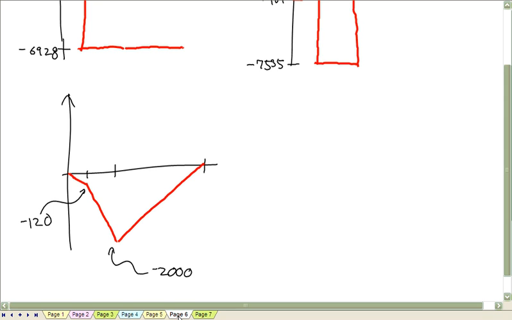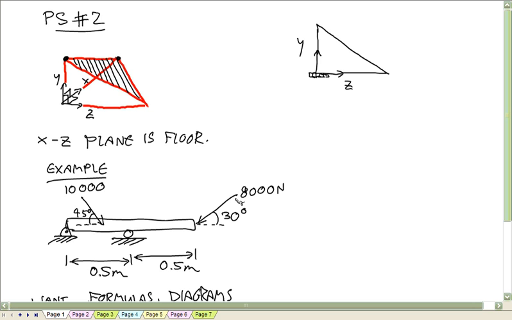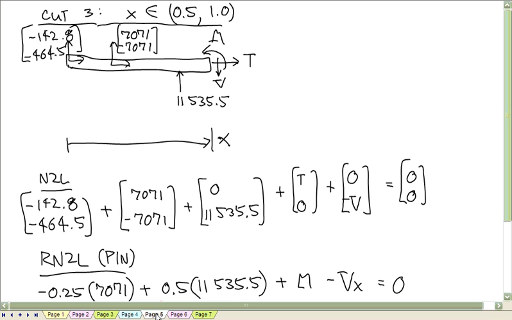And yet, doesn't that load at the right side affect what these diagrams will look like? How can that be? What if instead of this load of 8,000 newtons, I applied a 15,000 Newton load? That would affect what's going on internally, right? It has to. So how does it come about that we never see those in the cuts?